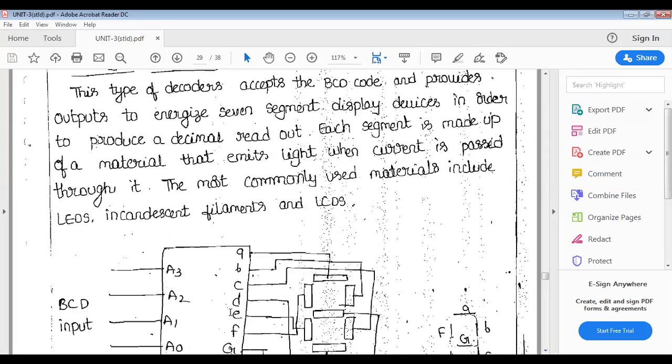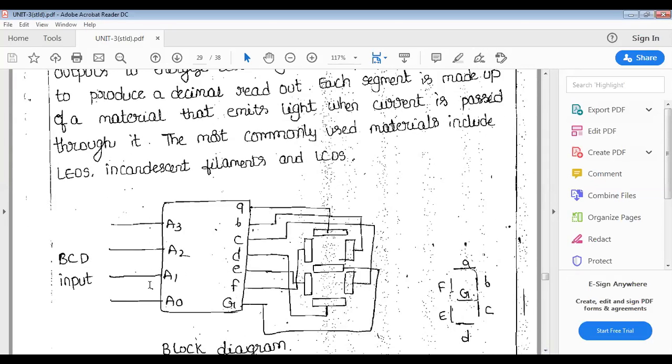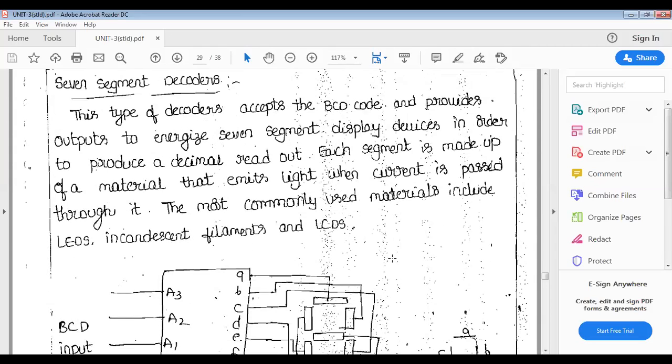Whatever binary value is given, if it is 0 0 0 0, the output side displays the decimal value of that binary. If it is 0 0 0 1, it displays 1. That is the binary of 1, 0 0 0 1, and the output side displays the decimal value.